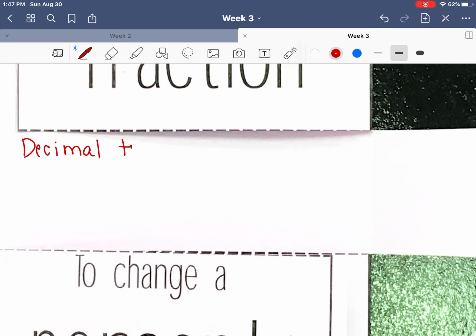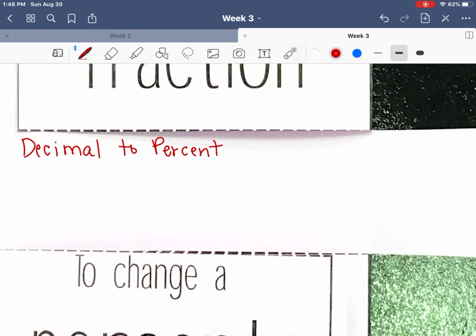Percents and decimals and fractions are all different representations of the exact same number, the exact same value. So it's a different way to represent something. So you can have 50% of something, which is the same thing as having half of it, or the same thing as having 5/10 of it. So to change a decimal to a percent, that's super easy.